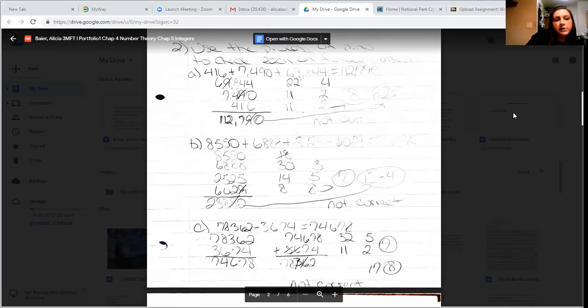As you can see here, I put them like this, and you mark out the ones that equal 9, and then you add those. So 6 plus 8 plus 4 plus 4 equals 22. 7 plus 4 is 11. 4 plus 1 plus 6 equals 11. And then you break it down. 2 plus 2 is 4. 1 plus 1 is 2. 1 plus 1 is 2.